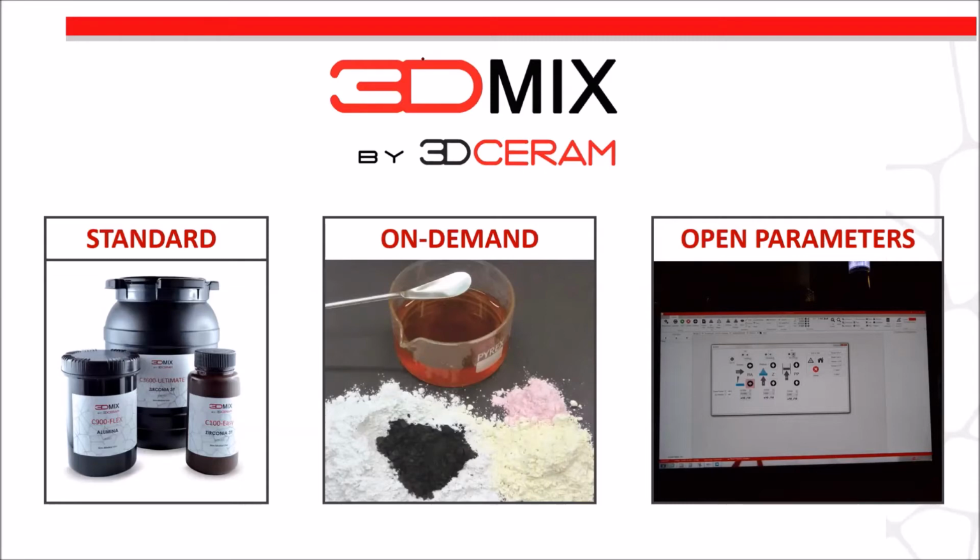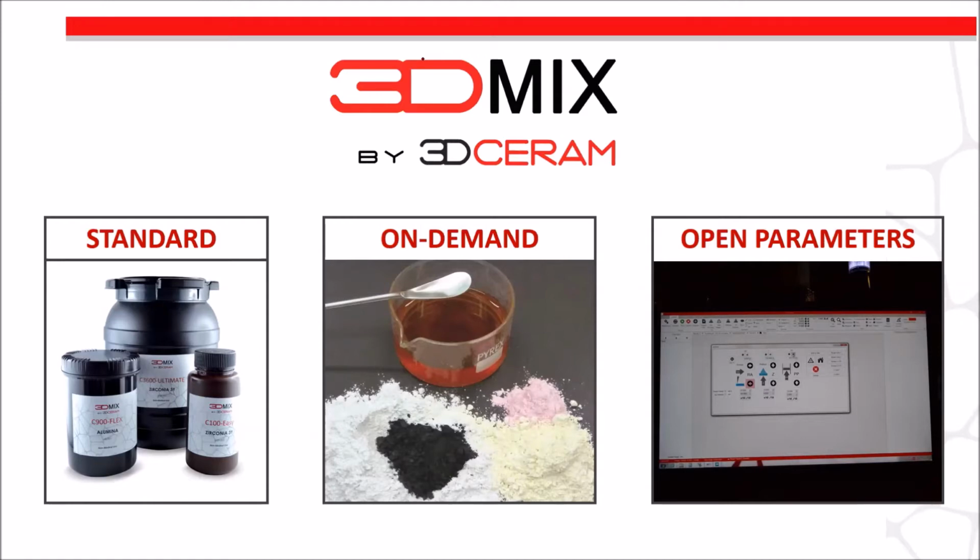But as we are also ceramist engineers, we propose to the customers to begin with their own ceramic powder. So they keep the same mechanical properties at the final stage. So it means that we develop internally with the ceramic powder of the customer, we make the mixture and we make all the development to obtain a final formulation to 3D print parts.